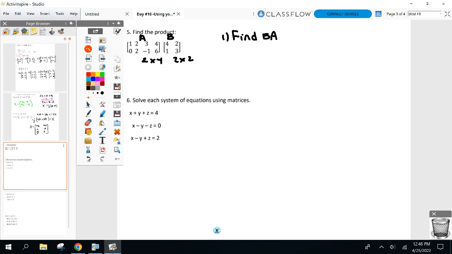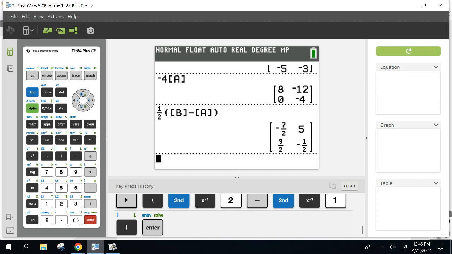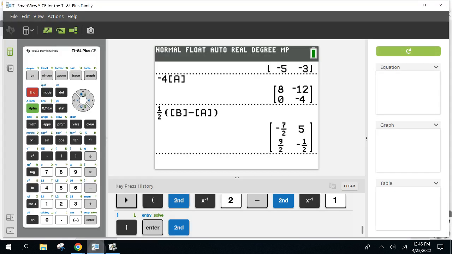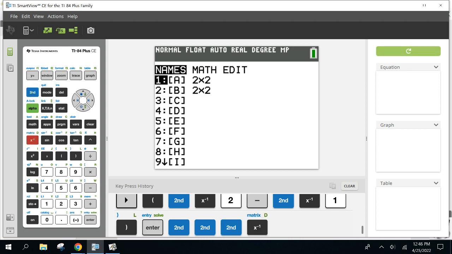All right. Type them in. Here we go. Now all that frustration, we'll just let the calculator handle it. So first one, matrix A. Just make sure we edit.